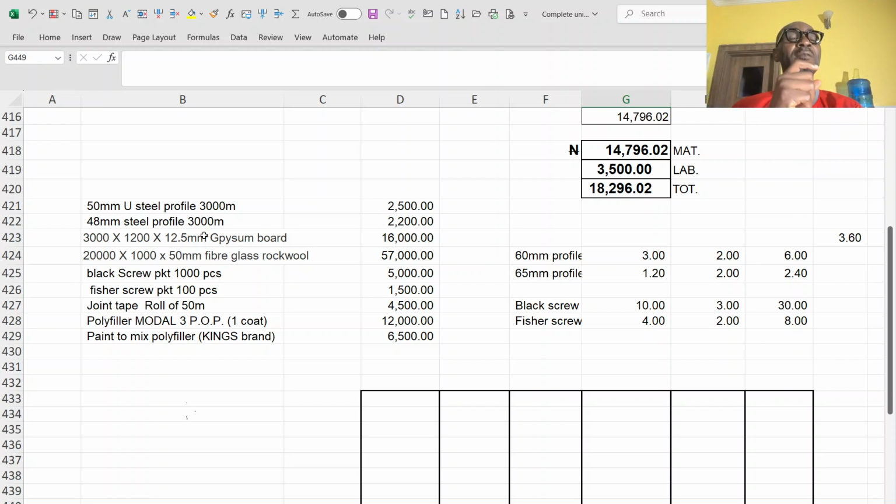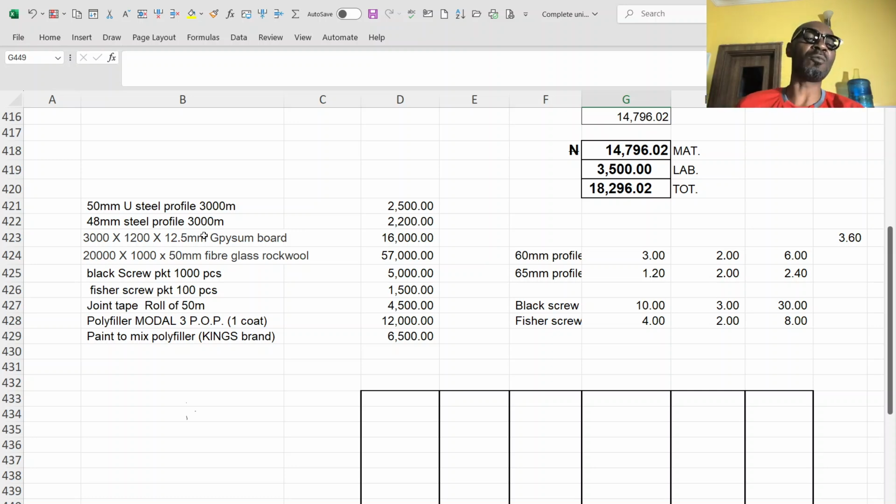Another thing you need to know is the thickness of the wall determines the kind of U channel you need to buy. If it is, say, a 90 mm thick wall, you have to get an 85 mm thick profile as the base profile. Or if it's an 85 mm thick wall, you need, say, a 65 mm thick profile.